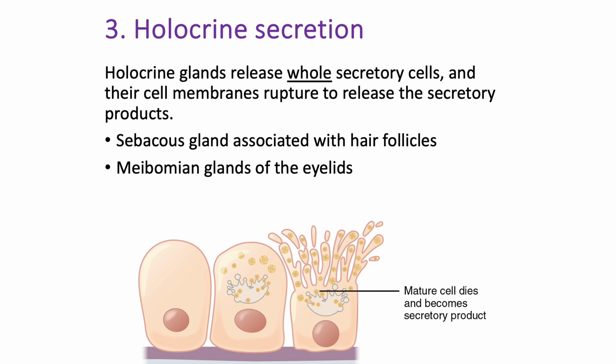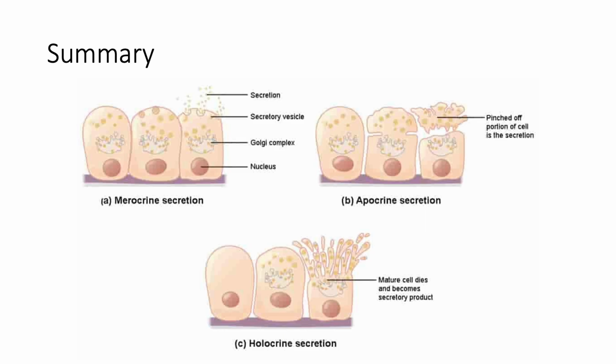Okay, meibomian is somebody's name, so the gland is named after the scientist who discovered it. So when you look at this, you have the fresh secretory cell. Now it is producing the substance, and then eventually it secretes the substance together with its entire secretory cell. Okay, so these are the three main types of secretion.